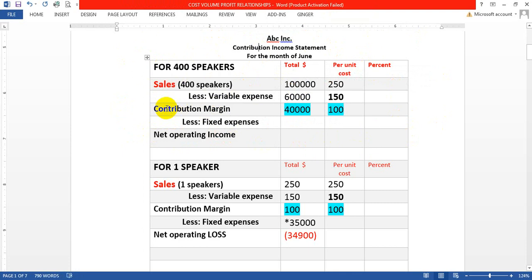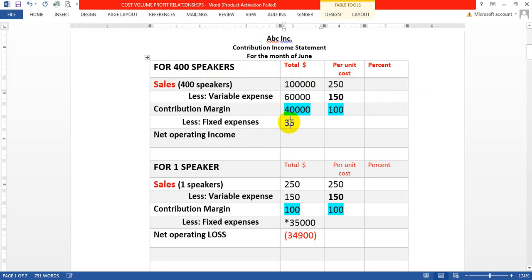Sale minus variable expenses is equal to the contribution margin. Then from the contribution margin we subtract the fixed cost. Fixed cost is 35,000. So the net operating income becomes 5,000.